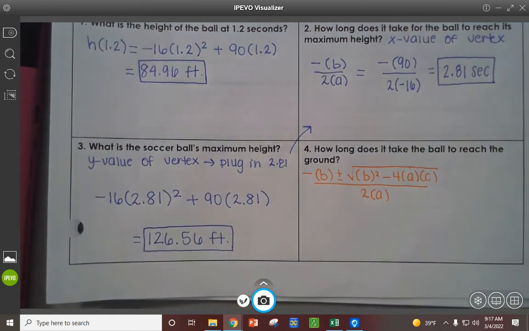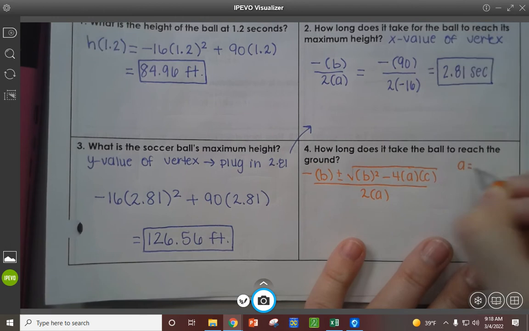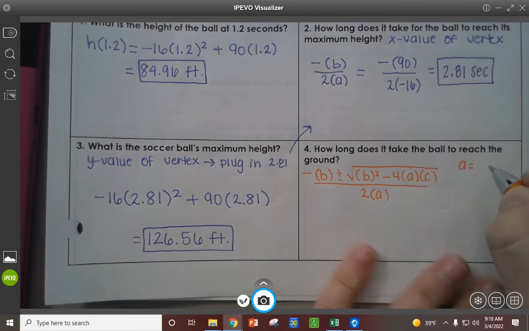So this is the quadratic formula. Looking at my problem, what is A? No, A is negative 16. A is the first number.